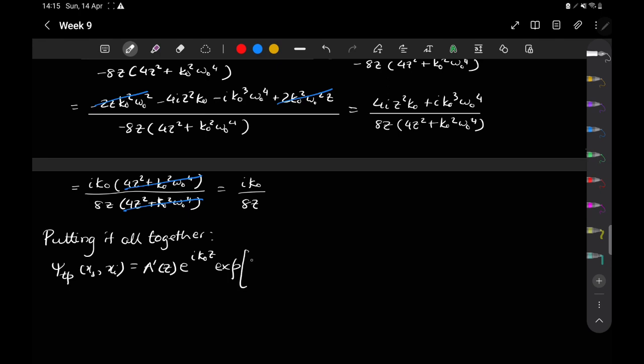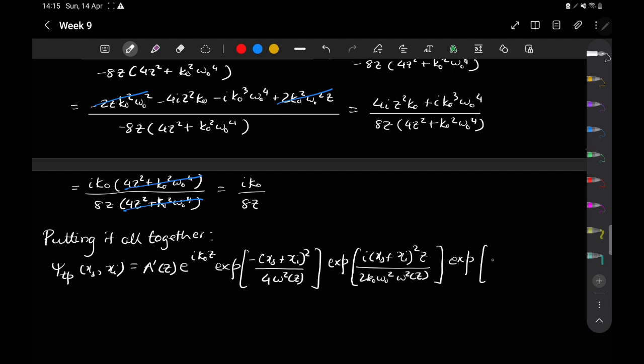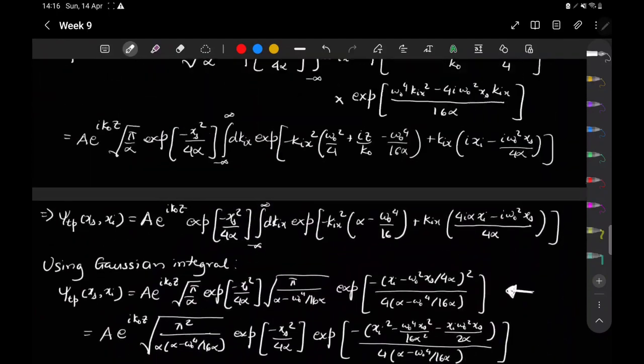So the real part of xs plus xi squared, then the imaginary part, and then the xs minus xi part. And this is precisely what we wanted to show.